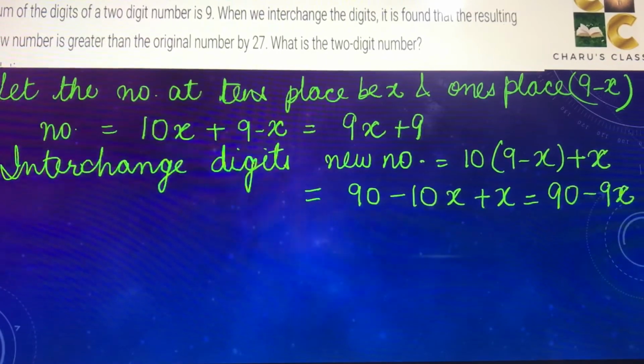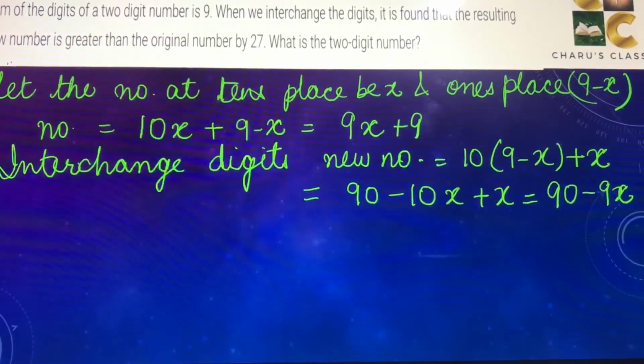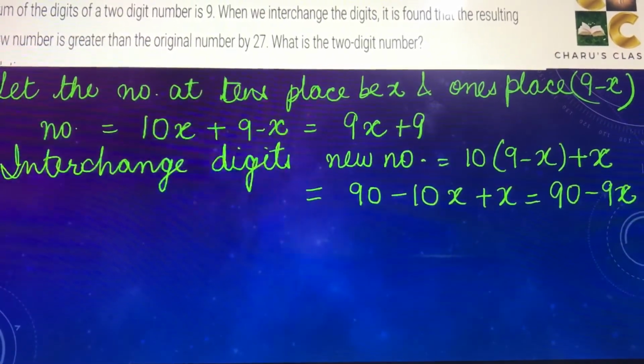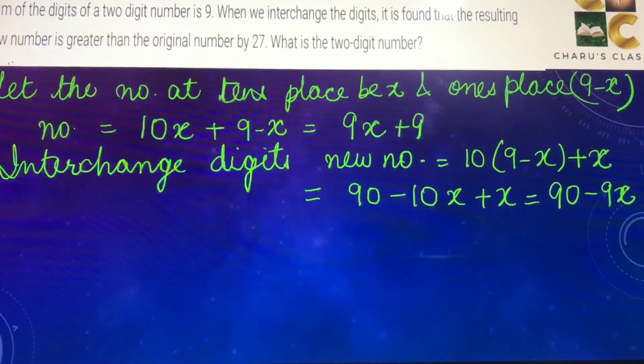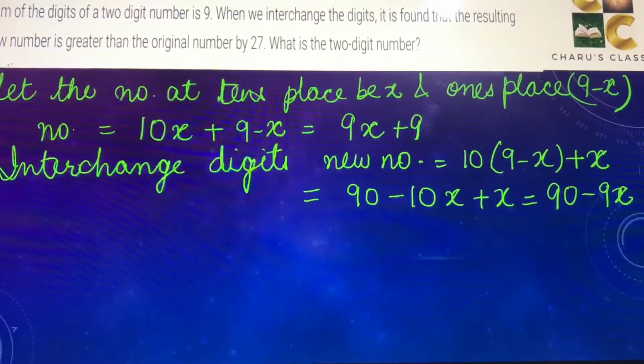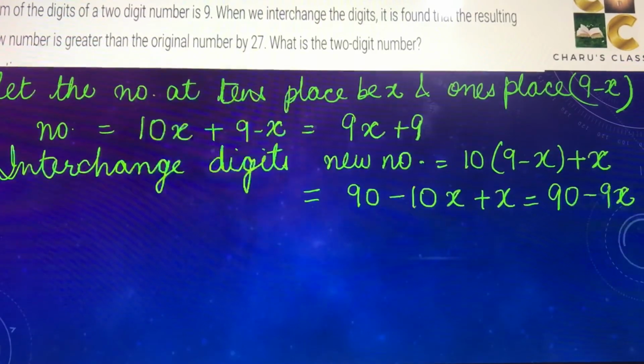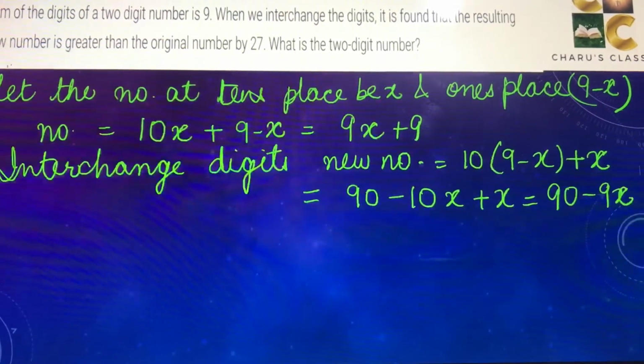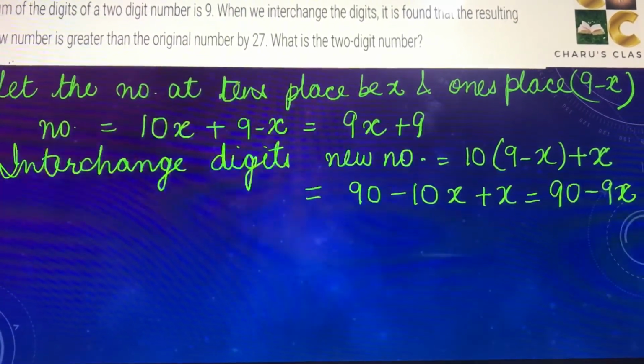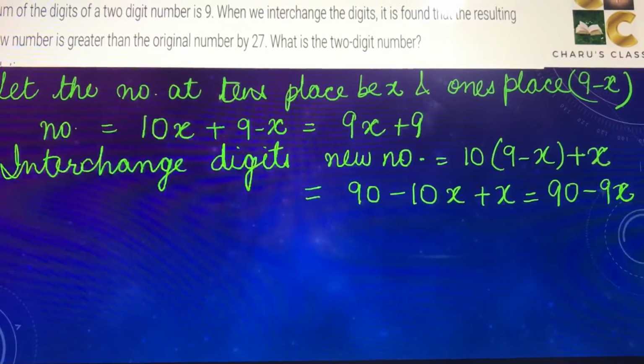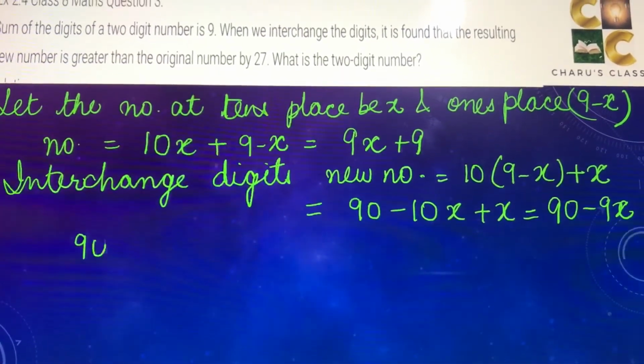This can be written as 90 minus 9x. Now it is given that the new number is greater than the original number by 27. So either you can do new number minus old number is 27 क्योंकि new number बड़ा है. कितना बड़ा है? 27.